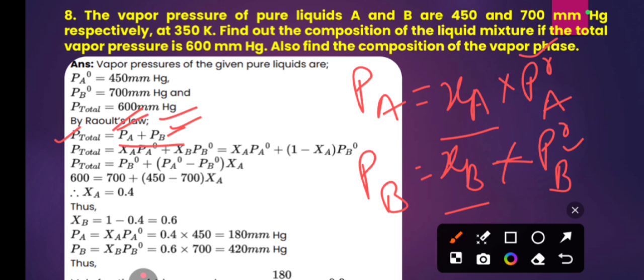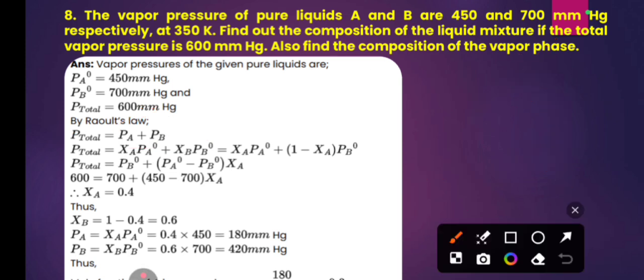P total is equal to PA plus PB, and that is given to you. PA is equal to XA P naught A and PB is equal to XB P naught B. So you can open this formula. But here one thing you have to take care: two different variables, mole fraction of A and B, are given here, but you can calculate only one variable. So you have to know the relation between XA and XB. By using that relation you can solve the numerical very easily. How can you make it one variable only?